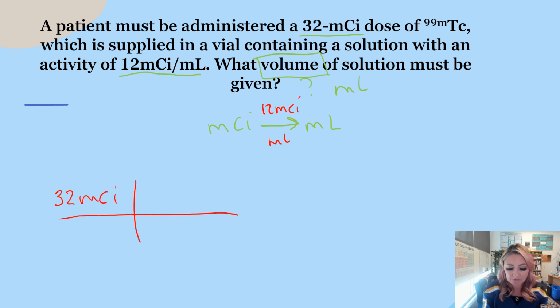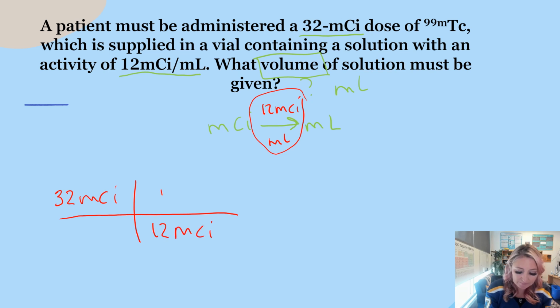And we have a vial that has 12 millicuries per milliliter. Well, looking at our conversion factor, if I plug that in as is, I'm not going to cancel millicurie. So I'm going to need to flip that, and I'm going to put the 12 millicuries on the bottom and my milliliters on the top. So my millicuries will cancel, leaving me with milliliters.